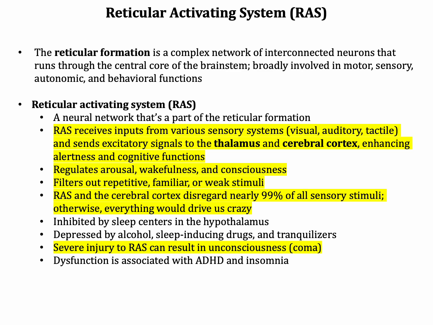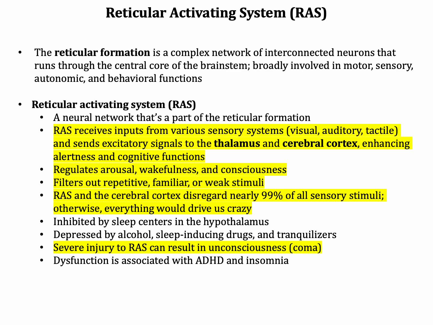There's a major filtration system at that transition point of sensory up to the conscious level in the cerebral cortex. It's believed that the RAS disregards or filters out around 99% of sensory stimuli in our environment.